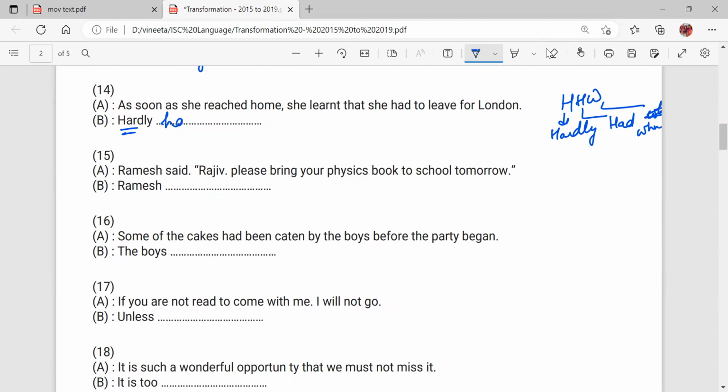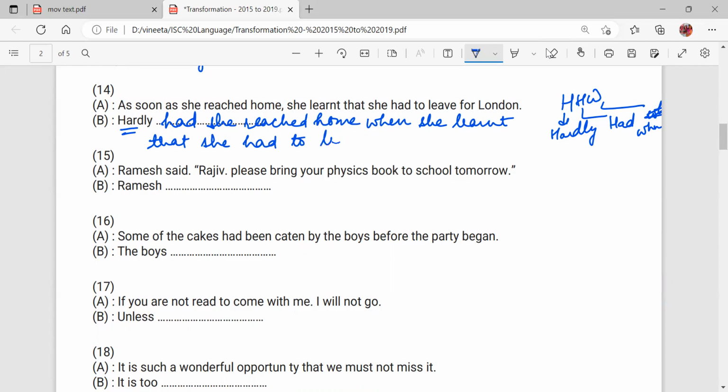So, hardly had she reached home when she learnt that she had to leave for London. Right? If the same sentence had to be changed with "no sooner", how will it be? No sooner did she reach home than she learnt that she had to leave for London.